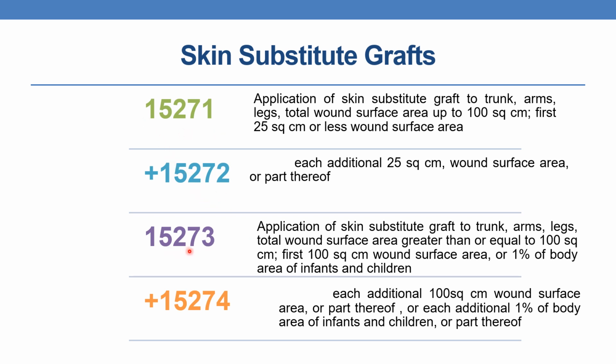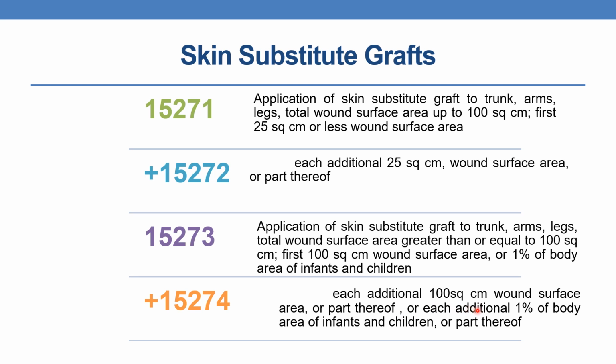The next code is 15273. Application of skin substitute grafts to trunk, arms, legs, total wound surface area greater than or equal to 100 square centimeters. If the wound surface area is greater than or equal to 100 square centimeters, then for the first 100 square centimeters of the wound, or 1% of the body area of infants and children, you must report 15273.